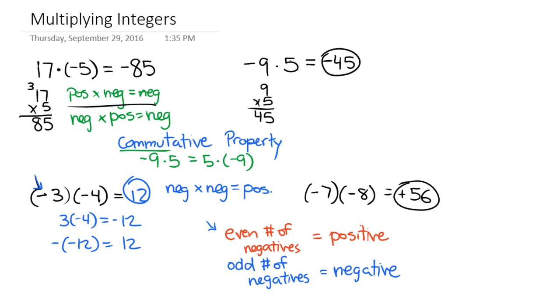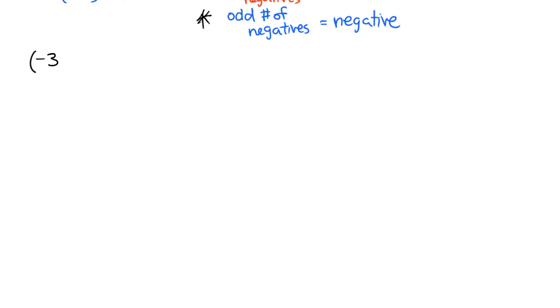So let's say we have -3 times -2 times 4 times -5. Before we even start to multiply, let's take a look and say, okay, how many negatives do we have? We have 1, 2, 3. 3 is odd, okay? So if we know that 3 is odd, we know that an odd number of negatives is negative. So we know that our answer is going to be negative.